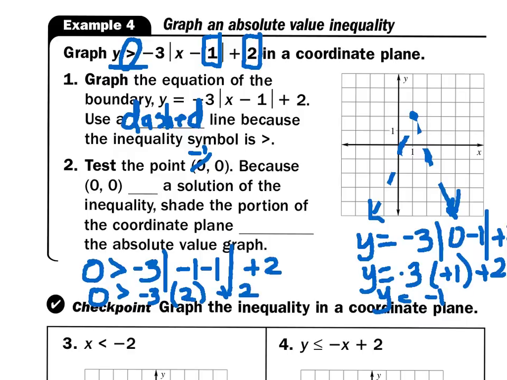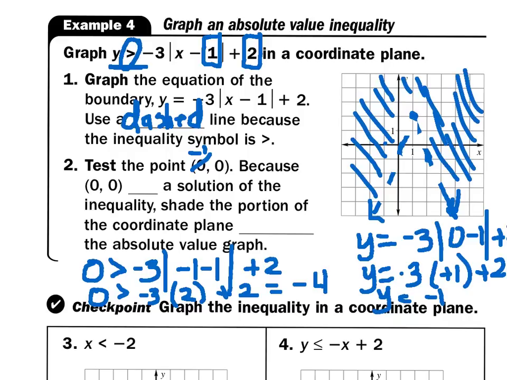So that's -6 plus 2, which would be -4. Is 0 greater than -4? Yes. So I need to shade the side that had my test point of -1, 0 on it. And this time it's not just a side, it's the whole area outside that V shape.